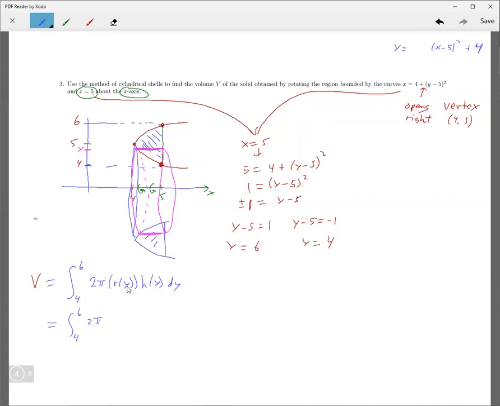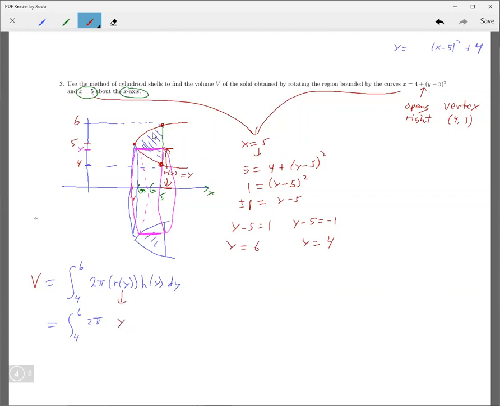Okay, r of y is going to be this distance from here to the axis of rotation. In this case, that's just going to be y.